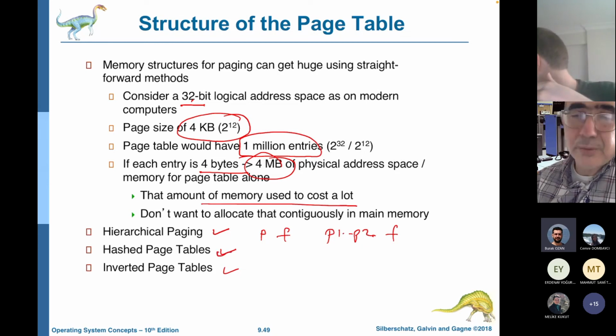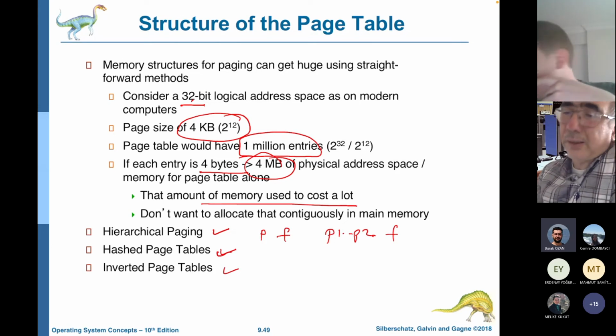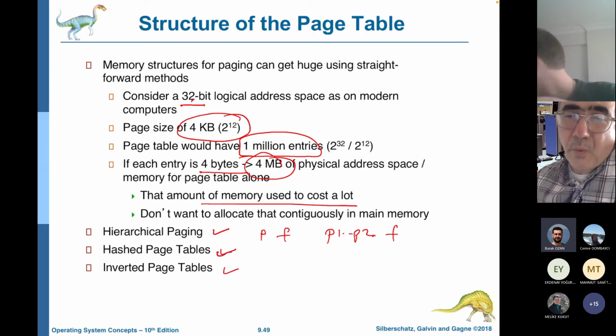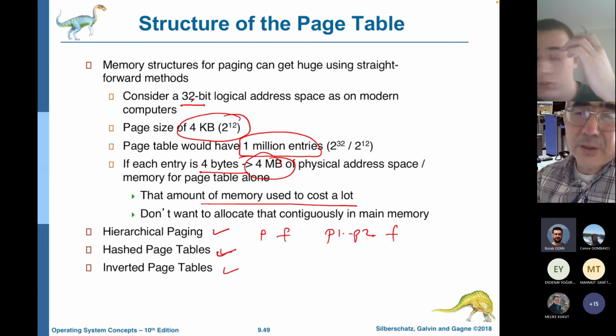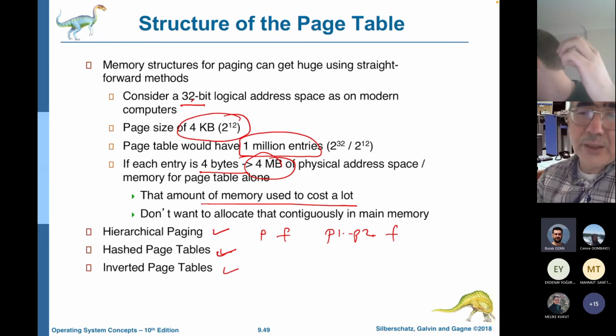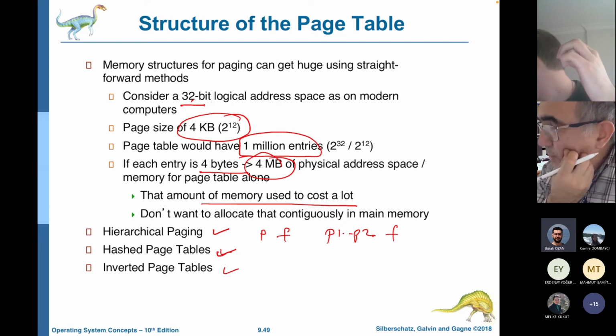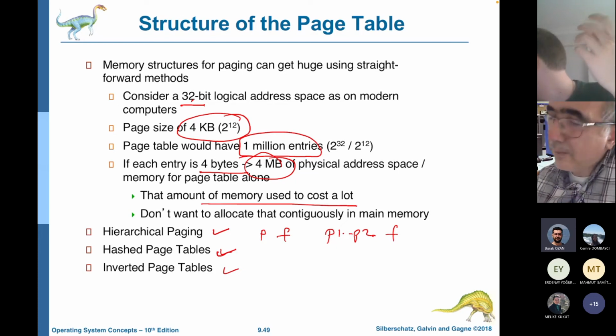In hashed page tables, rather than searching, I only store the pages that are used. For invalid or unused pages, I don't store anything. So that allows me to reduce the table size.